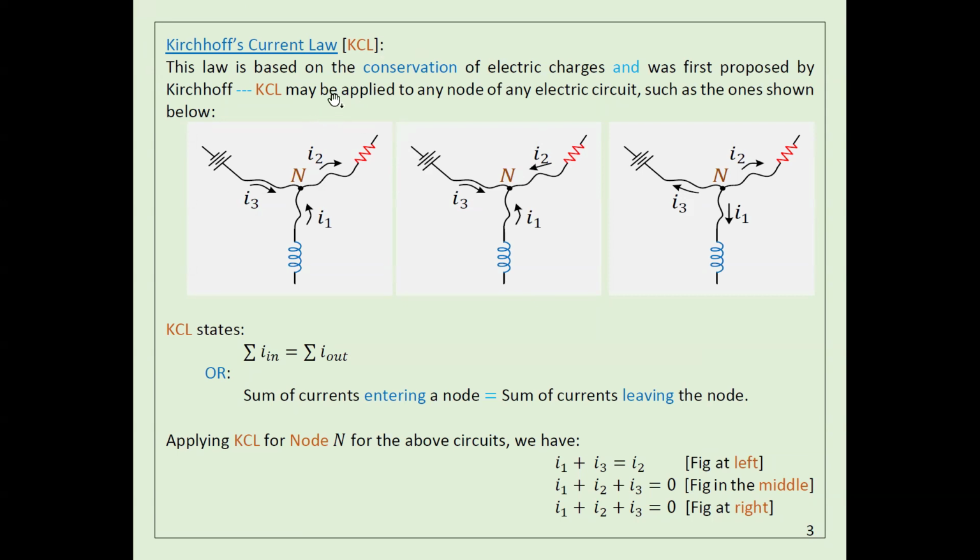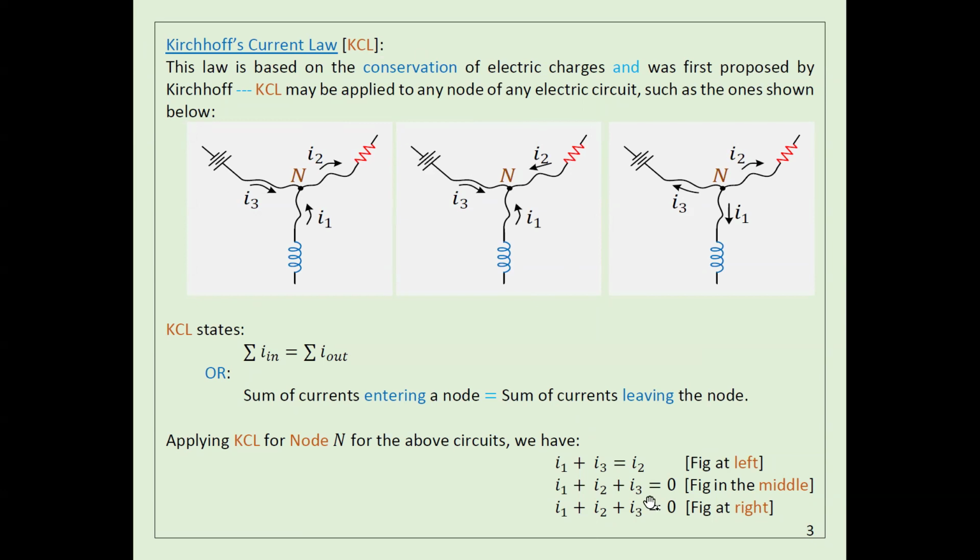But after you do the calculations, you will find some currents are negative. You get what I'm saying? So yes, it doesn't make sense if everything is input. But you can assume this way, no problem at all, and then your equation will be I1 input plus I2 input plus I3 input should equal 0.